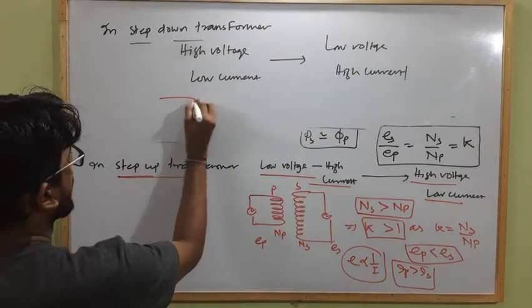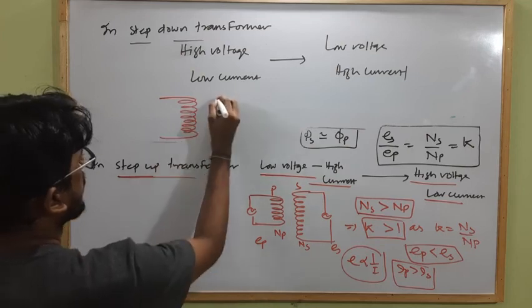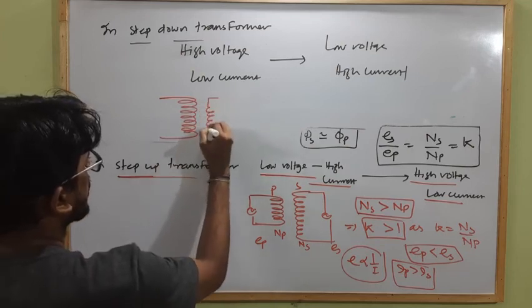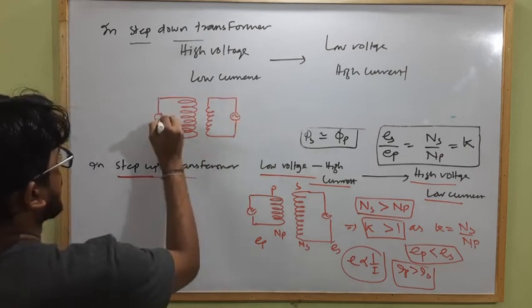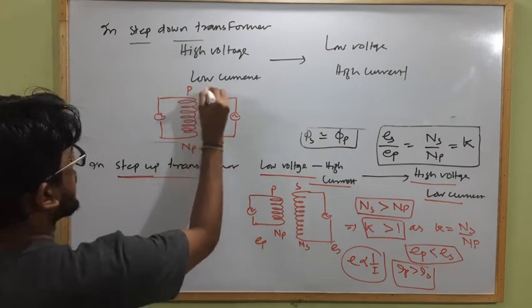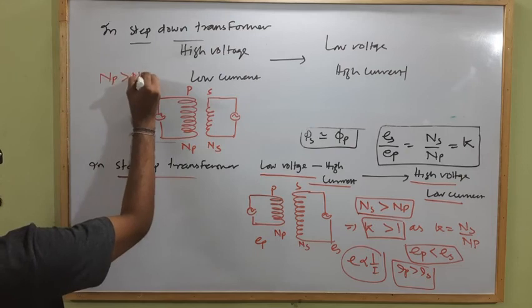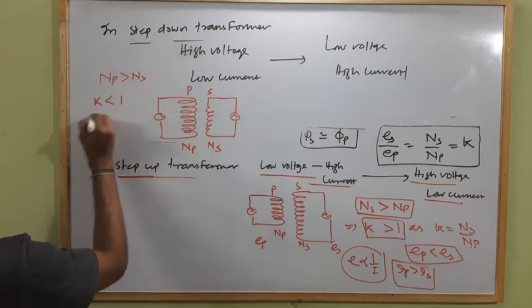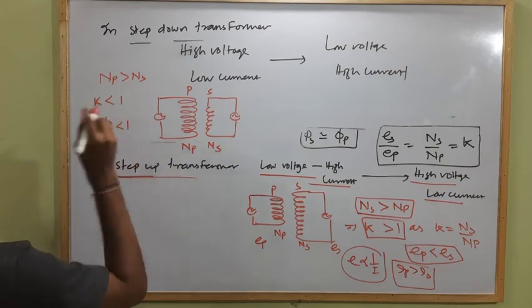Its construction will be the opposite of that of the step up. So here the number of turns in the primary will be more in comparison to the number of turns in the secondary. Okay, so this is NP, this is NS, primary, secondary. So here NP is greater than NS, so K will be less than 1 as NS by NP is less than 1.